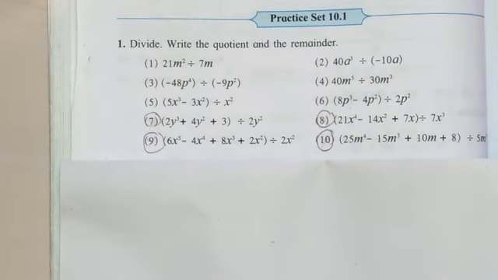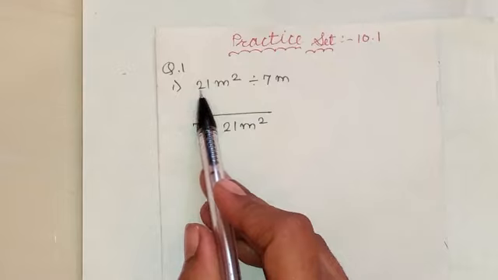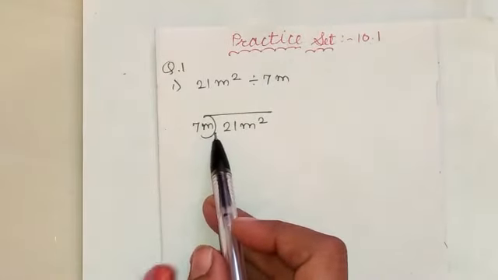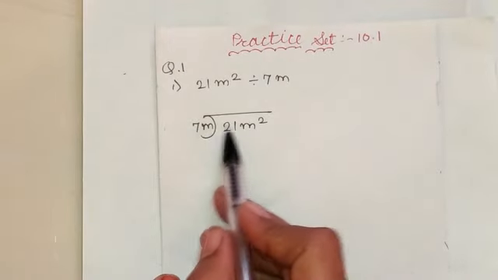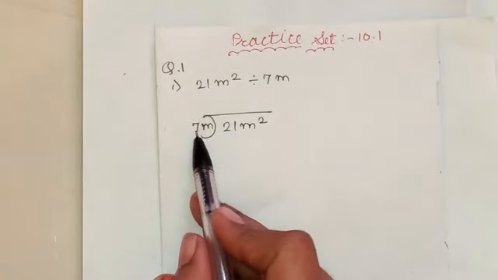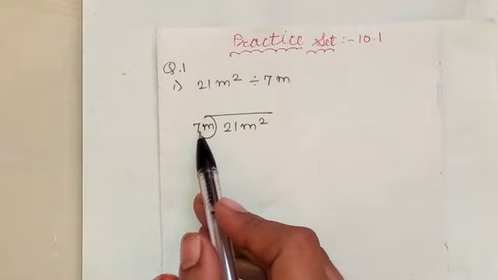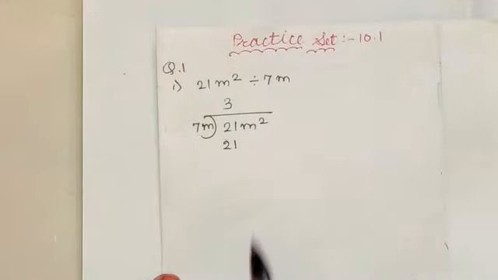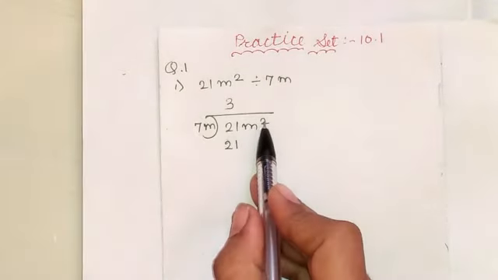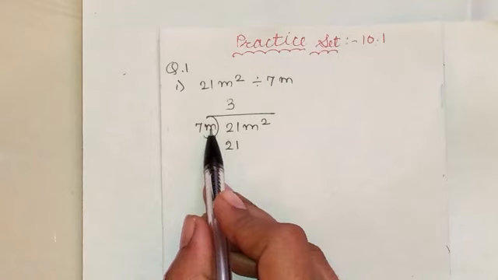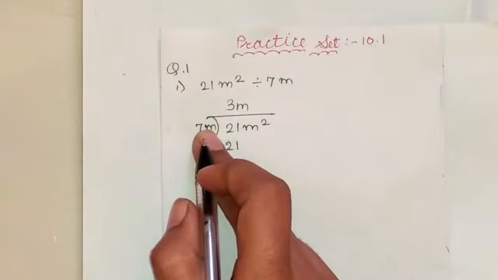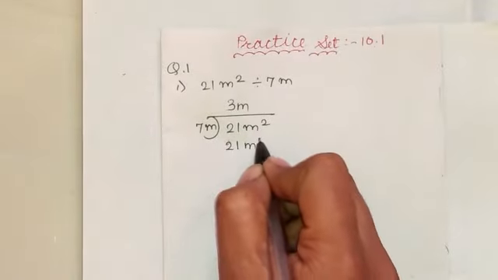Let's start it. The first example is 21m square divided by 7m, that we have to arrange like this way. Now just look towards the coefficient, it means numbers only. 21 divided by 7, 7 3s are 21, am I right? Now this m square which we have to divide with the m, if we multiply this m with the m only, it means single m into m square will be there.